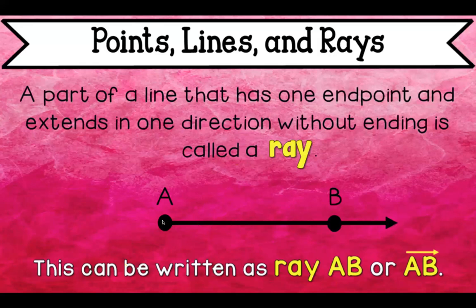So we have an endpoint, which is the point, and then it goes on forever in one direction. This, my friends, is called a ray. Okay? A ray, not array. R-A-Y. This right here is called ray AB. This can be written as ray AB or AB with the ray symbol on top of it. Okay?